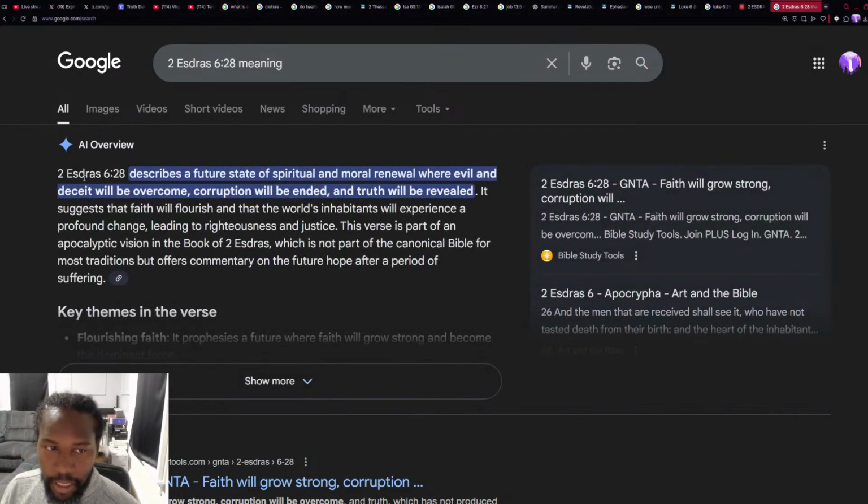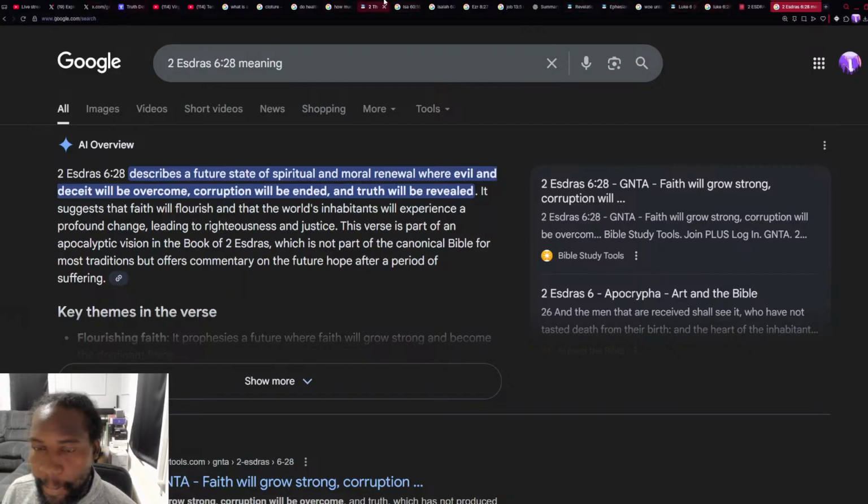2nd Ezra 6 and 28 describes a future state of spiritual and moral renewal where evil and deceit will be overcome, corruption will be ended, and truth will be revealed. It suggests that faith will flourish and that the world's inhabitants will experience a profound change leading to righteousness and justice. This verse is part of an apocalyptic vision in the book of 2nd Esdras, which is not part of the canonical Bible for most traditions, but offers commentary on the future hope after a period of suffering.